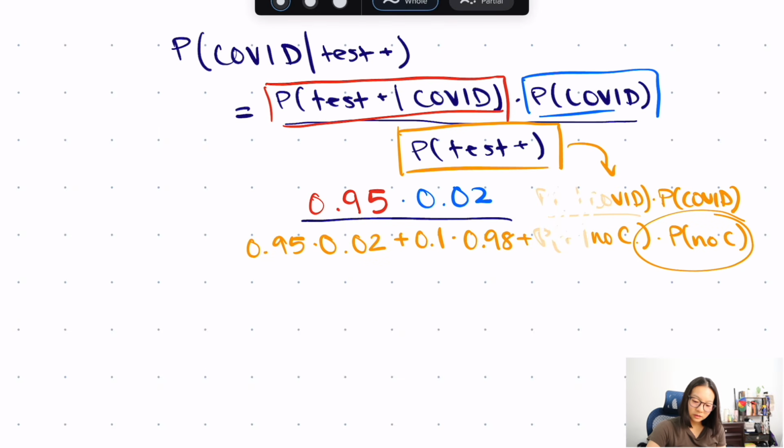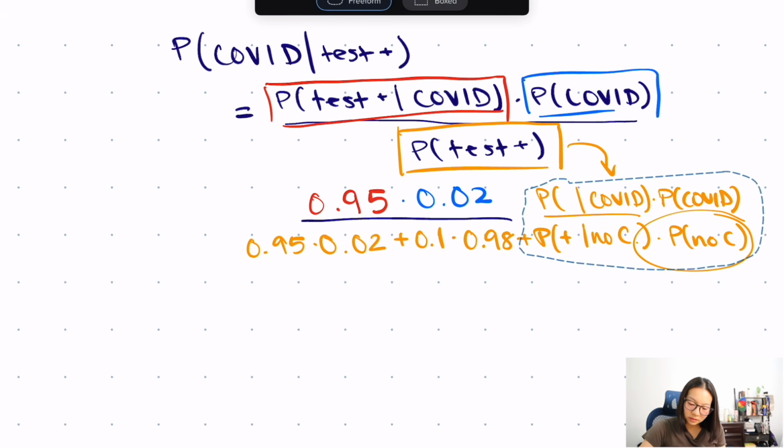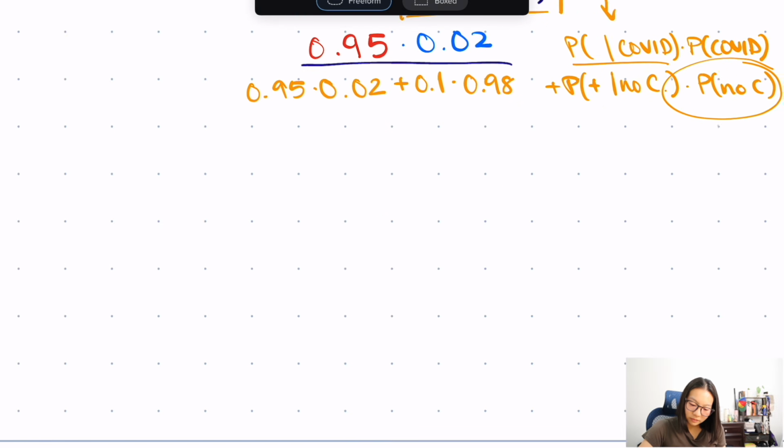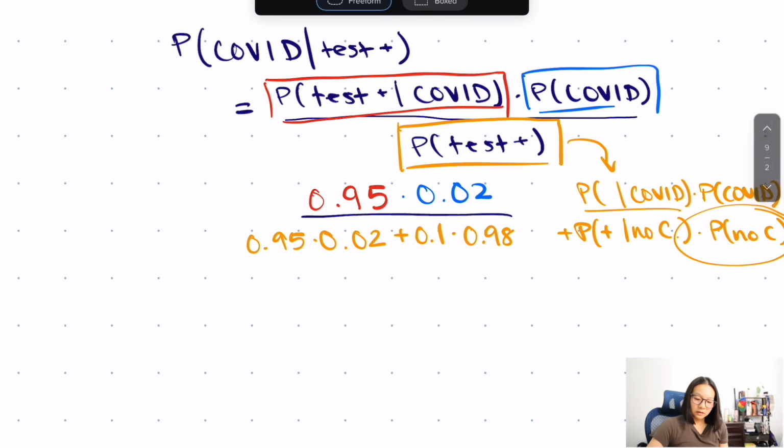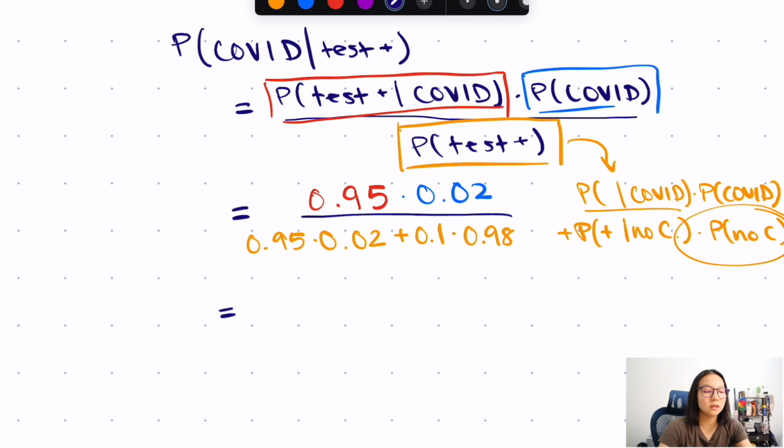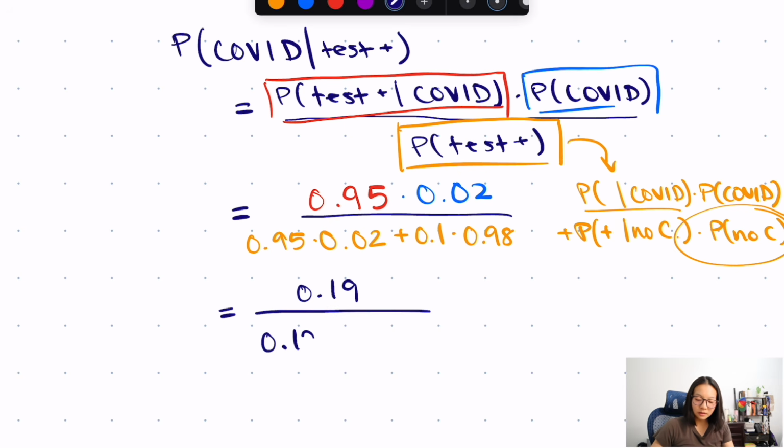Let me just move this part over so it doesn't intersect. Okay, so if we do these multiplications out, we get 0.019 in the numerator, over 0.019 plus 0.1 times 0.98, so 0.098.